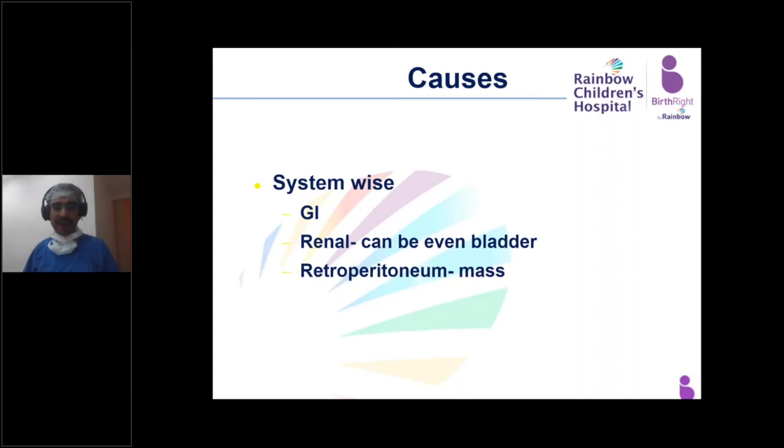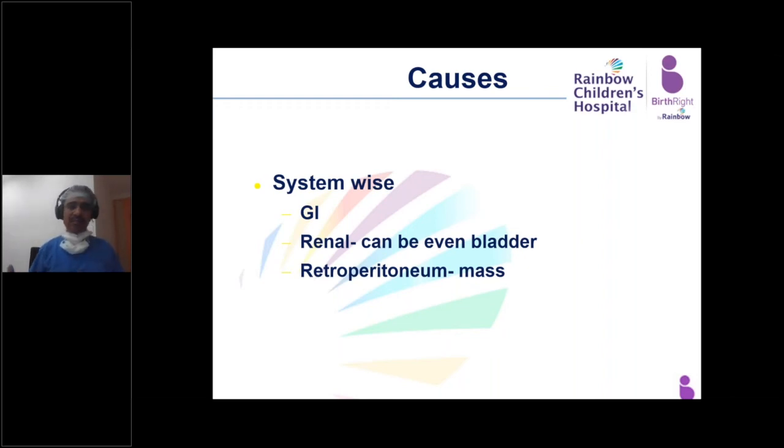But if we analyze the situation, renal causes, a renal lump, can also present with abdominal distension in a neonate. Many times we have got a call that there is distension and it was a large urinary bladder. In fact, the bladder can be a very important cause of a lump in the abdomen of the child, which may lead to some form of distension.